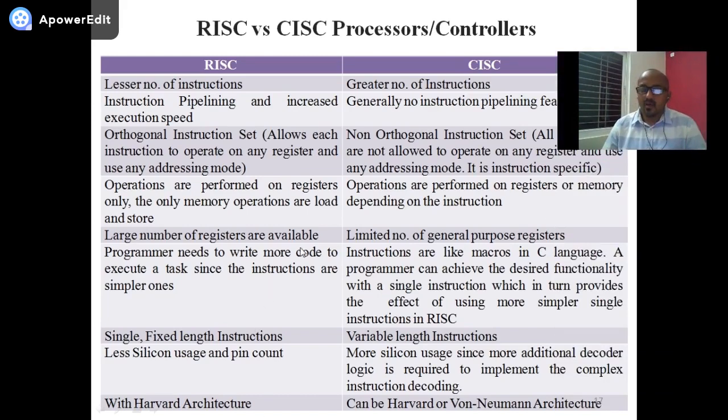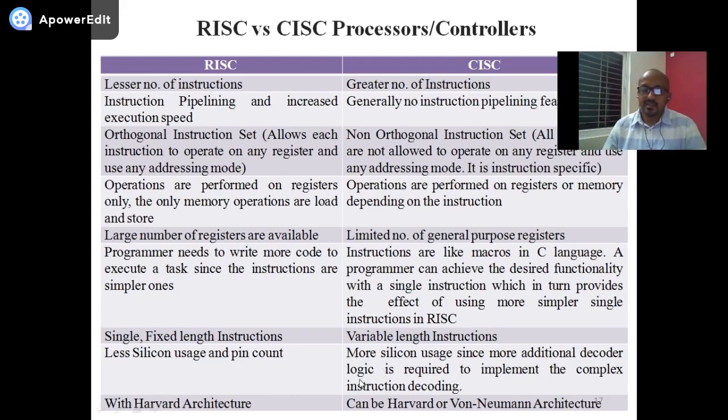In RISC, all the operations are carried out on the registers only. But in the case of 8086, the instructions are designed so that operations can be done either completely with registers only, or with a register and memory combination. RISC has single, fixed length instructions, whereas CISC has variable length instructions.